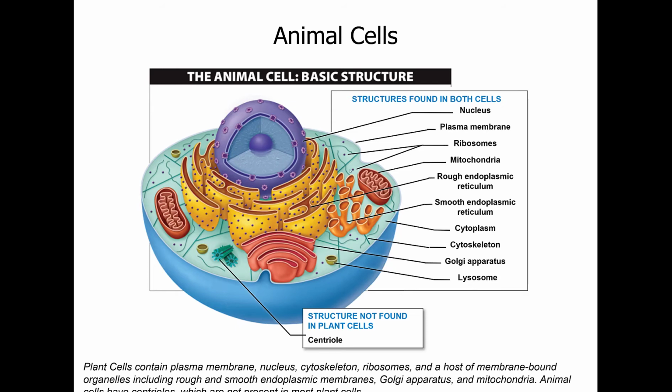And then really close to that we have the manufacturing floor, and you can see it's studded with these little ribosomes that are embedded in these membranes, and that's why we call it the rough endoplasmic reticulum. Endoplasmic reticulum is a fancy phrase that just means a series of rooms or caverns, and that's what it is.